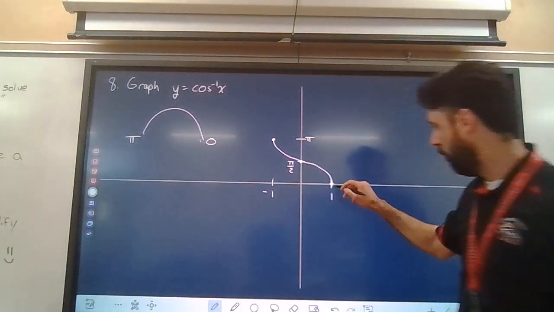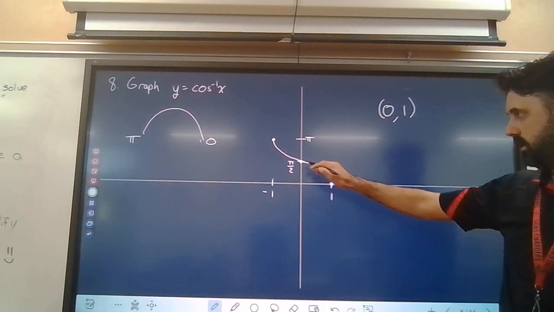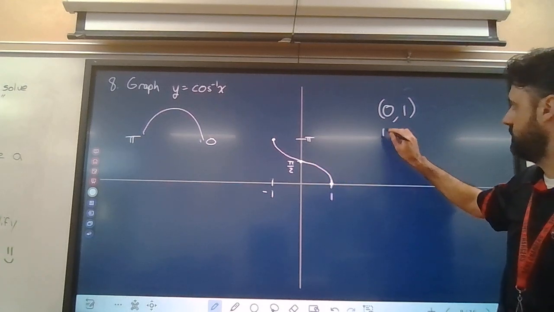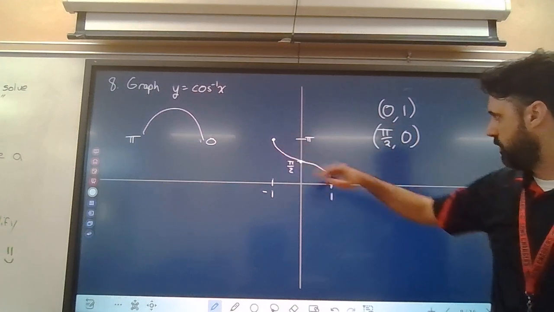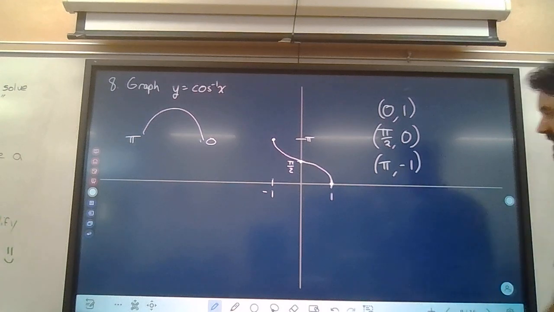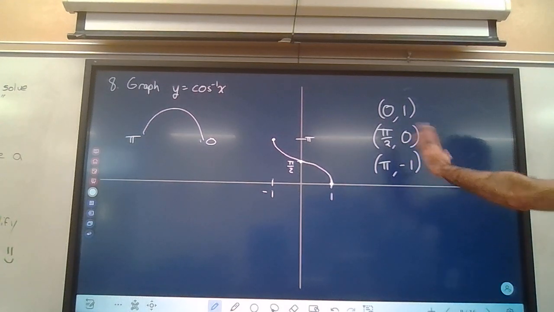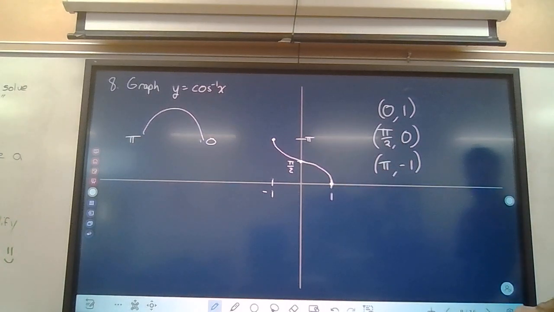This is the point 1, 0. It came from on regular cosine 0, comma 1. This is 0, comma pi over 2. It comes from pi over 2, comma 0. And this is negative 1 comma pi. It comes from the point on the original cosine graph of pi comma negative 1. So we're just switching these three and only these 3 points, all right, to get this inverse cosine graph.